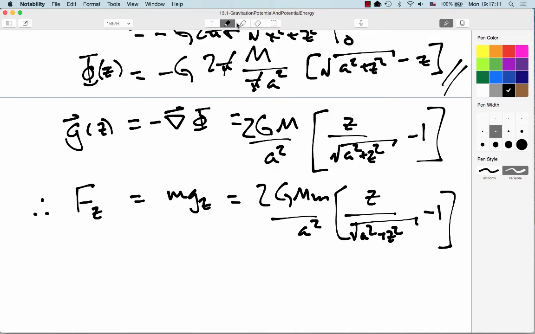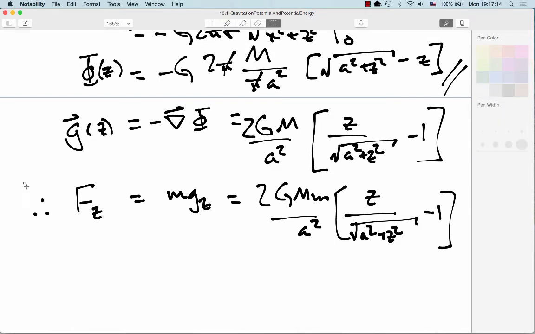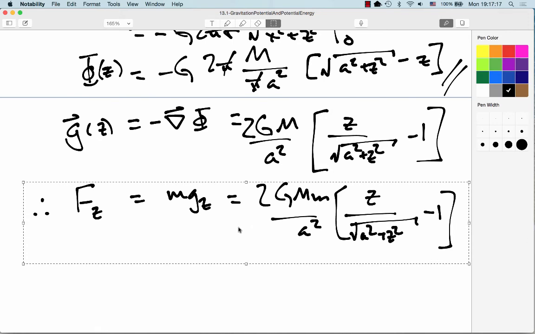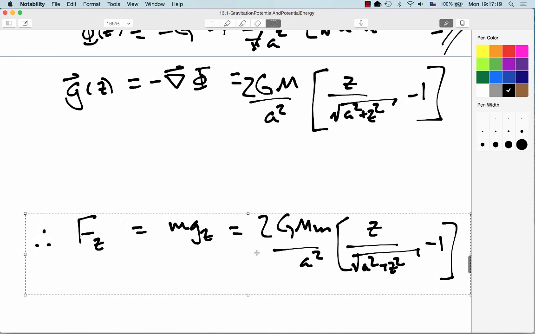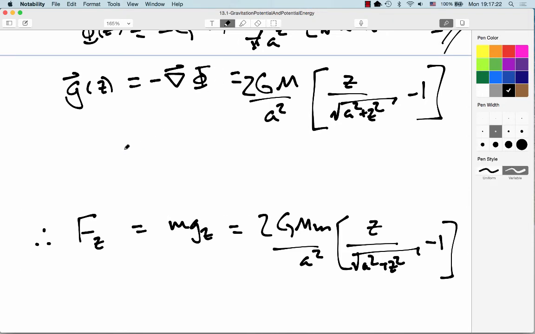Oh, I'm sorry, I skipped a step there. I really shouldn't, because I need to find g sub z. So just give me enough room here to do that. The reason I was finding g sub z was I said the gradient of phi, but I didn't really point out that I need to work in cylindrical coordinates here, and the only coordinate that counts is going to be minus a z hat partial z of the stuff we had before.